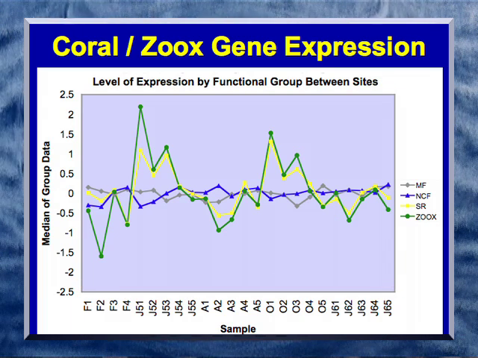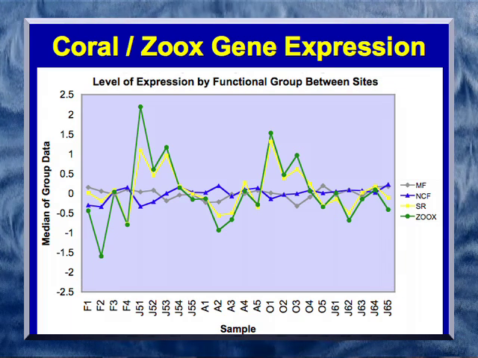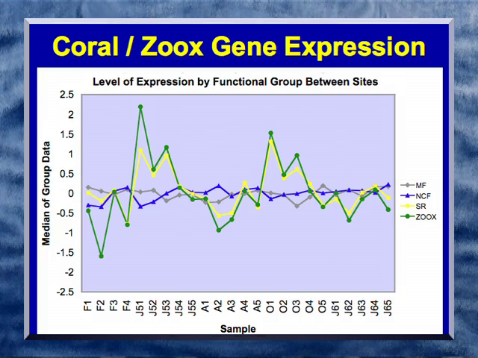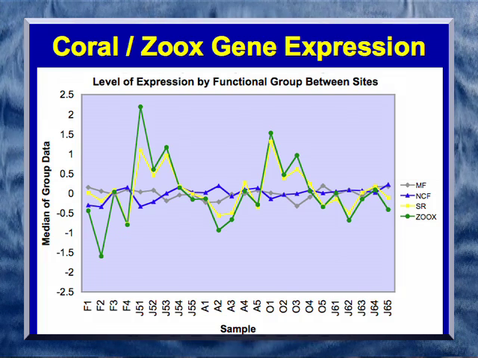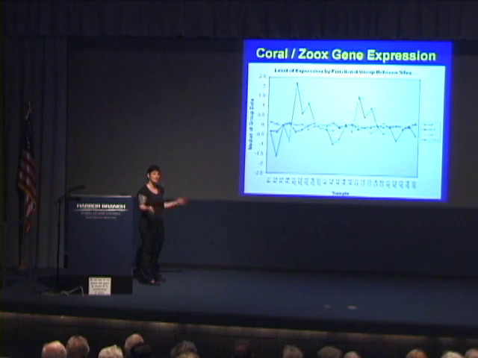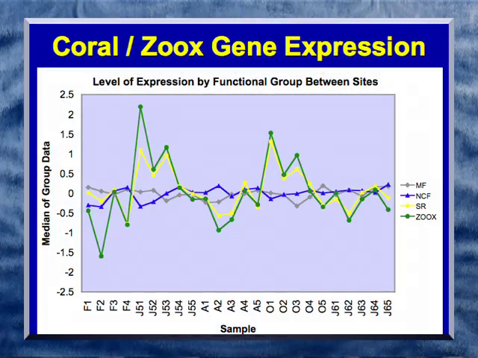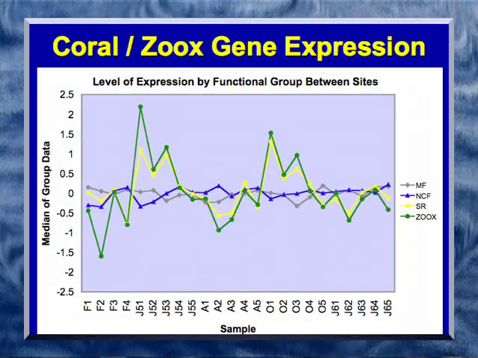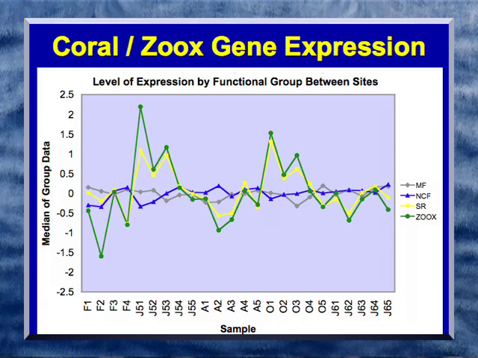And the green line is the average of the zooxanthellae gene expression. The yellow line is the average of the host coral stress response. So just the stress response, so only the genes that are expensive for them to turn on, and they only turn them on under unusual circumstances because it's energetically costly to express them. The blue and gray lines are just normal cellular functioning genes that kind of turn on and off with the flow of normal cycle.